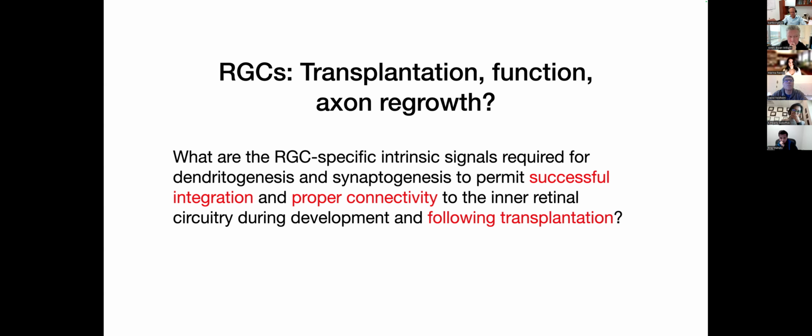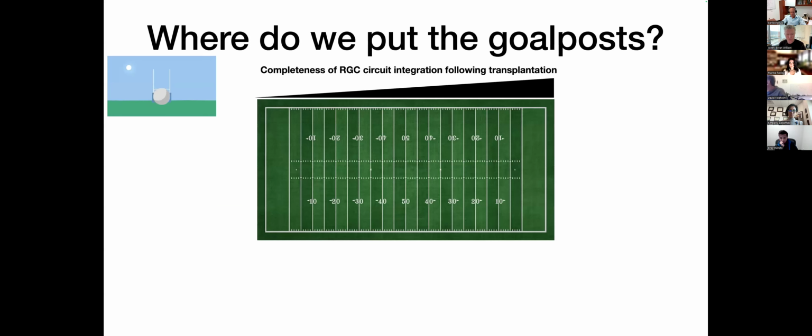So one of the things that Matt asked us to talk about is how do we measure success? And I think we have to not fool ourselves. I think we need actual measurements and goalposts. And I want to know where we've gotten with any of these. So following transplantation or following anything to try to restore vision, where are the goalposts and where do we actually need to get to restore vision to a patient?